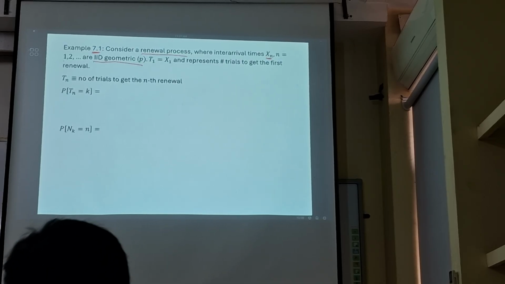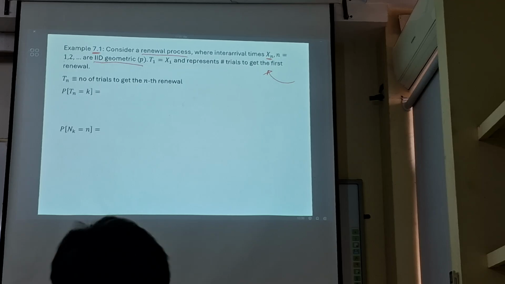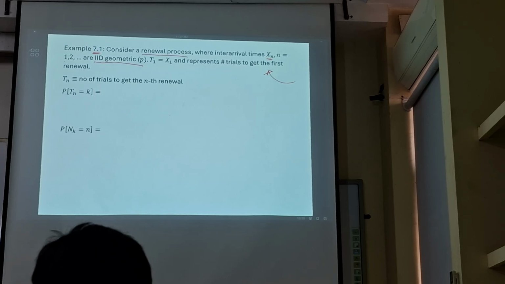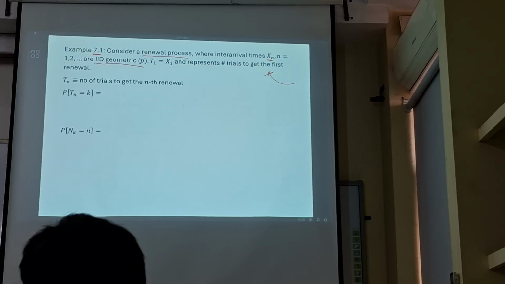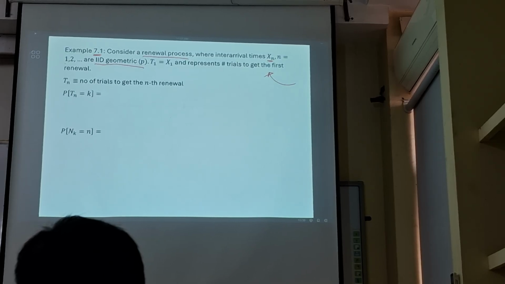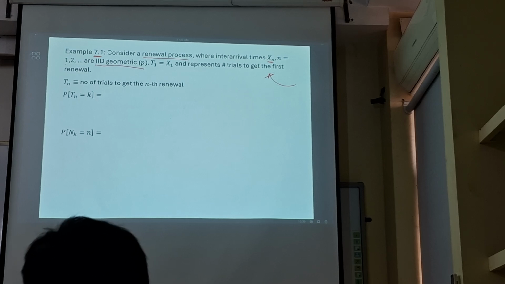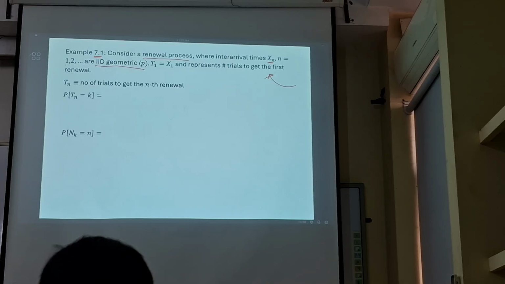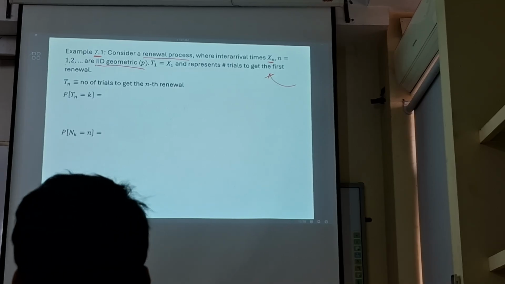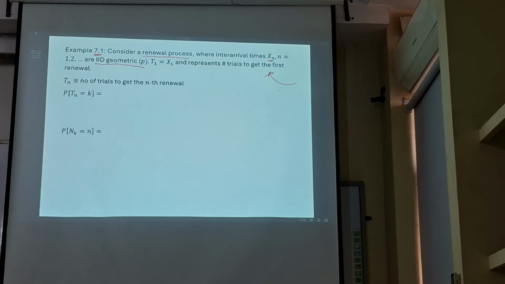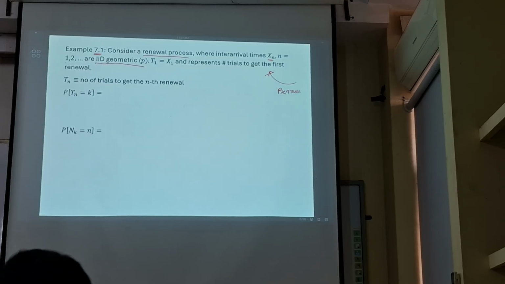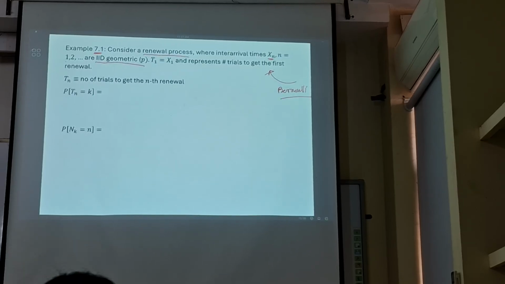Tell me what is the process? When the renewal process has exponential interval times, we call it a Poisson process. When it is geometric, it is a Bernoulli process.